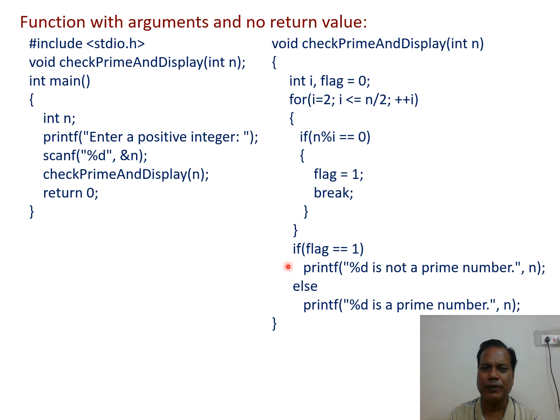Using this program, a number is tested whether it is a prime number or not. This we already have discussed. That is, a number is going to be divided by numbers greater than 1, from 2 up to a number less than n/2.